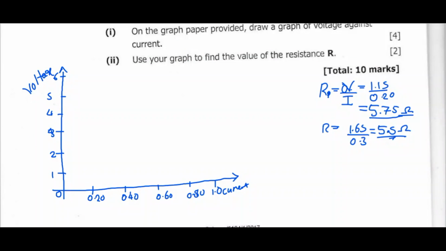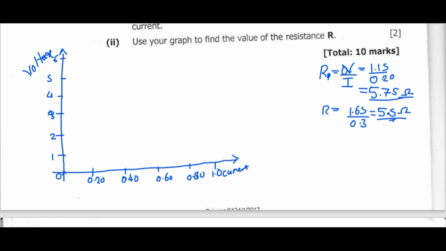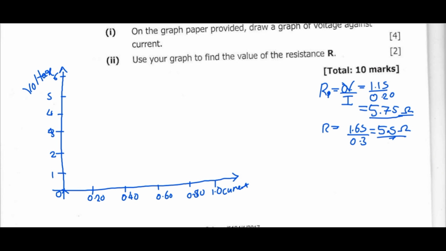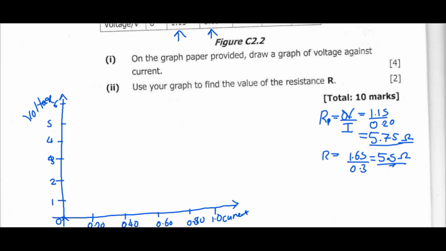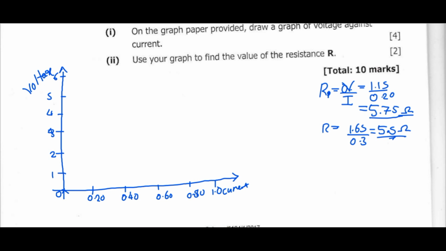So 0, 0, it's at this point, the origin. Then the second one, 0.20, 1.15, is somewhere here.